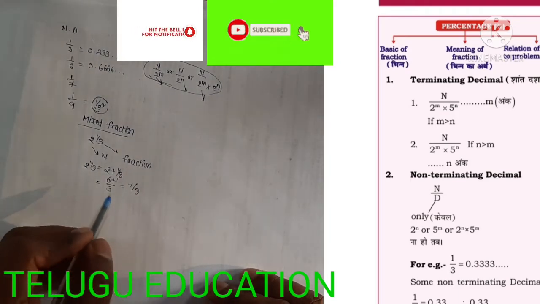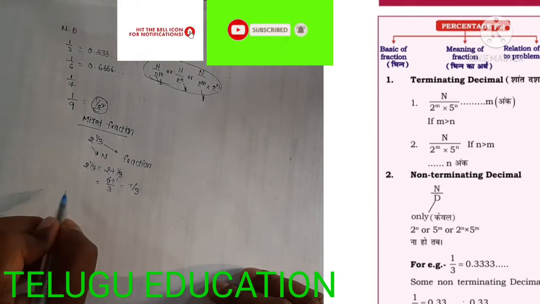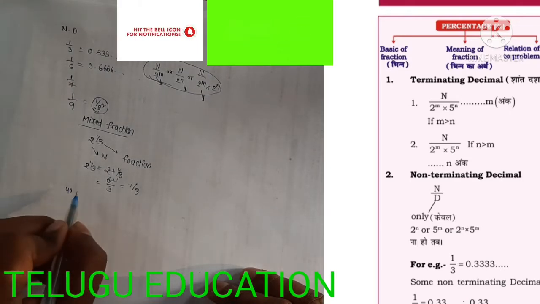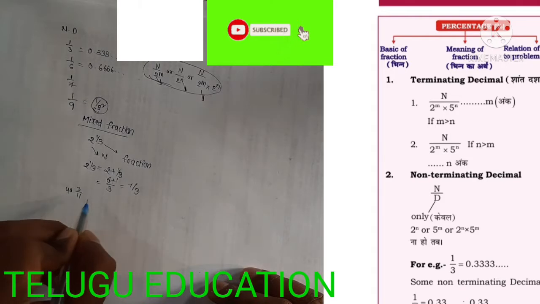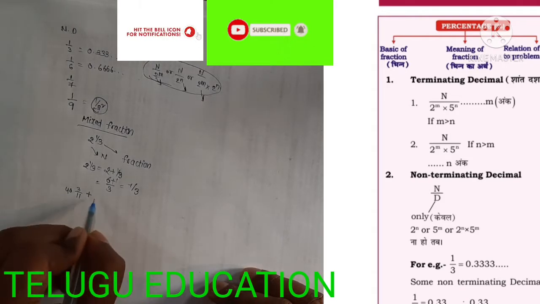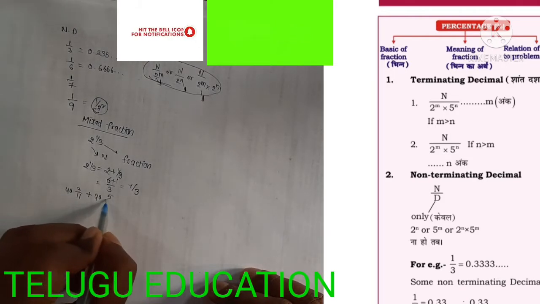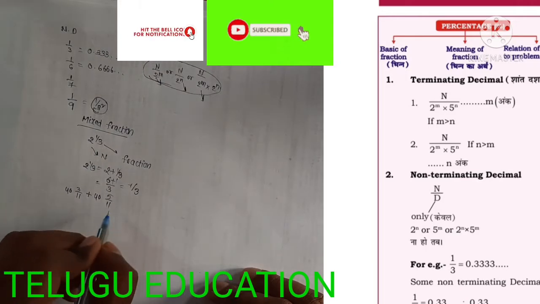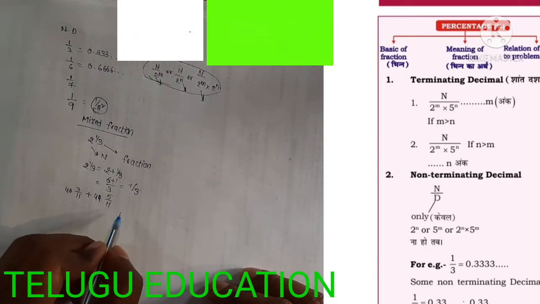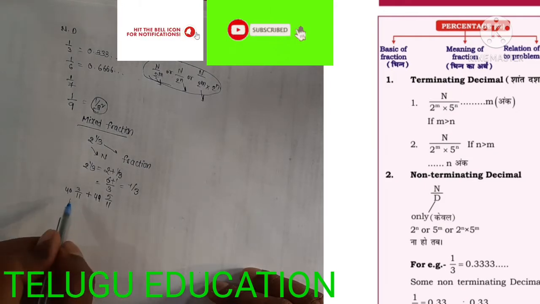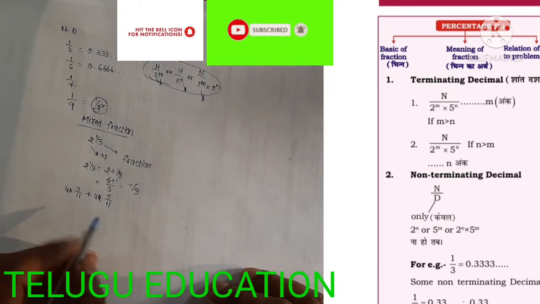Next, how can I add two mixed fractions? For example, 40 3/11 plus 49 5/11. So how can I add these two mixed fractions?